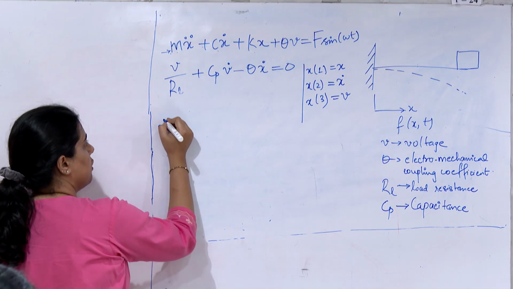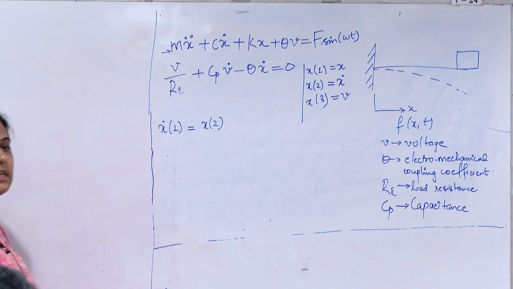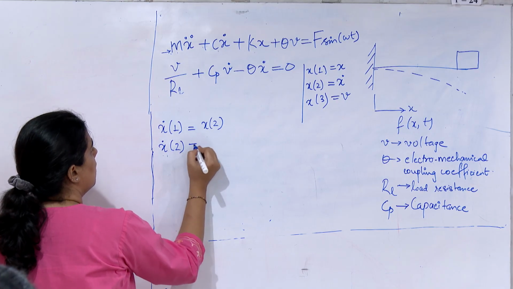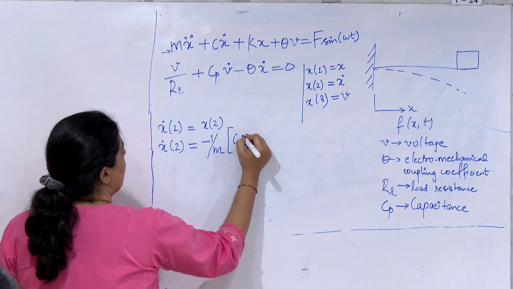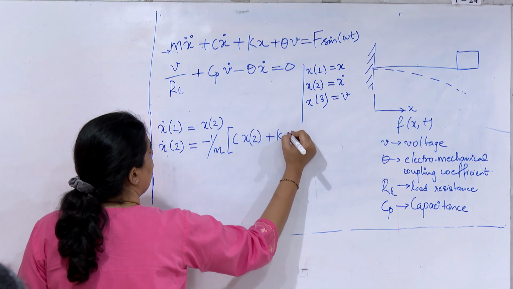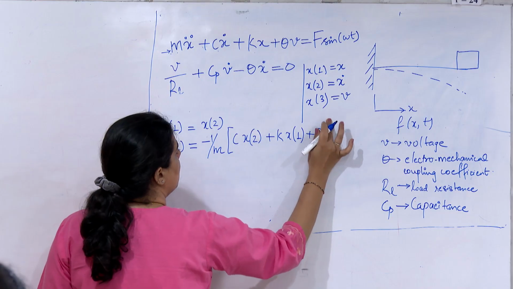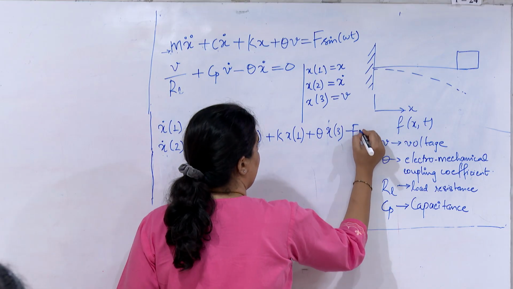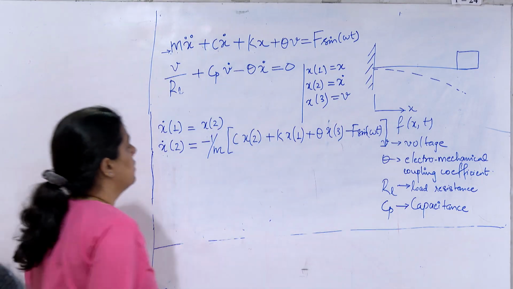So my x of 1 dot will be my x of 2, that is my first equation, and my x dot of 2 will be minus 1 by m times c, my x of 2 is x dot, so I will write it x of 2 plus k x of 1 plus theta x of 3 minus f sin omega t.